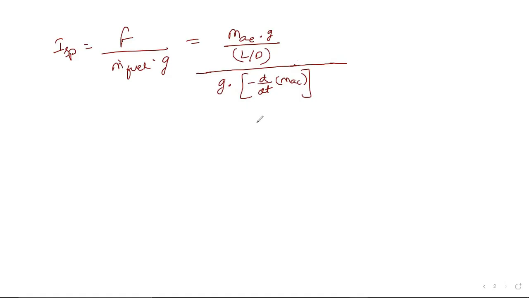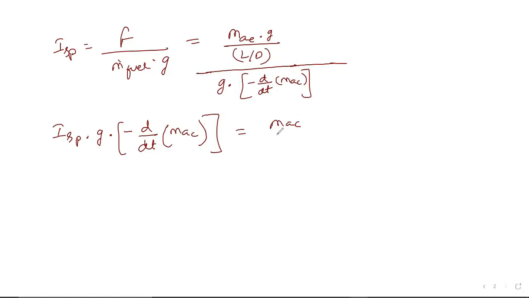From here, if I solve, let's multiply this with ISP. So it will be ISP into G into minus d by dt of MAC equal to MAC into G by L by D. Now this G will be cancelled out, and ISP can go there, and the minus sign can also go there.